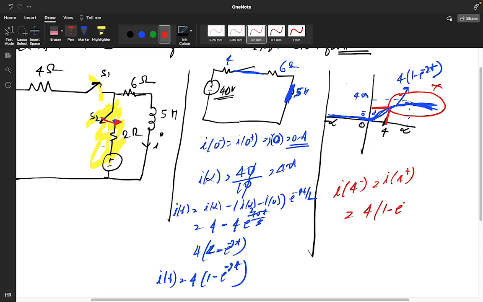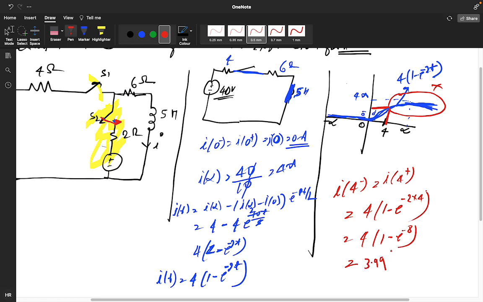4 into 1 minus e power minus 2 into 4. So what current will you get? 4 into 1 minus e power minus 8. What value will you get? 3.99, I think. 3.99.